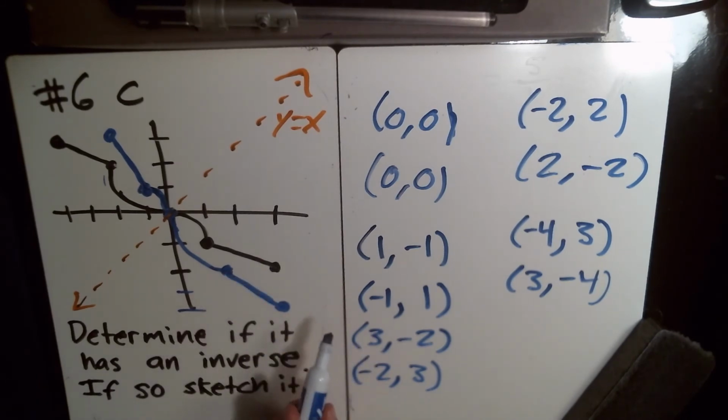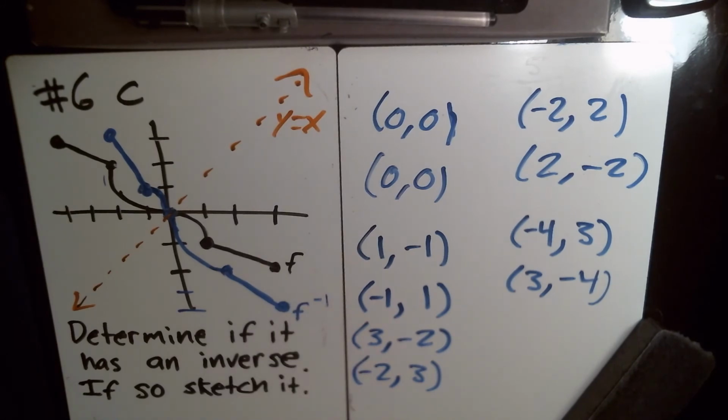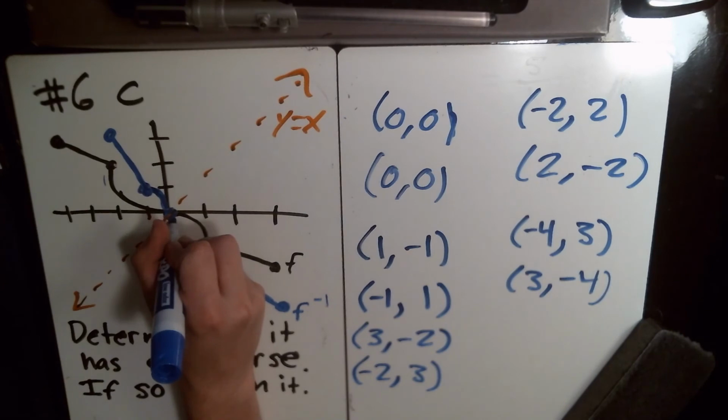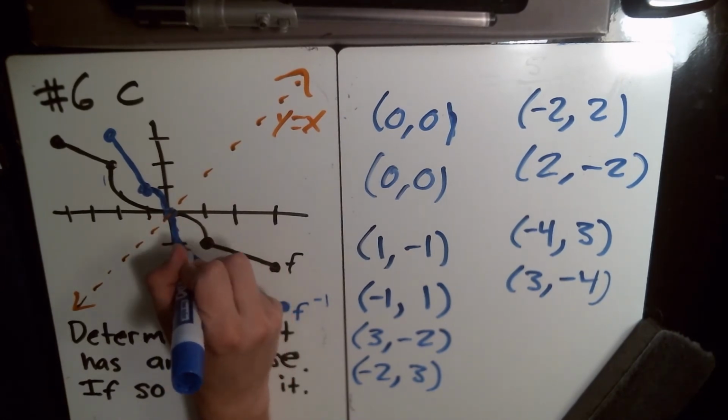So this is f inverse, okay? This is f. Maybe I didn't draw this circle the best. Anyway, so that's what your graph kind of looks like here.